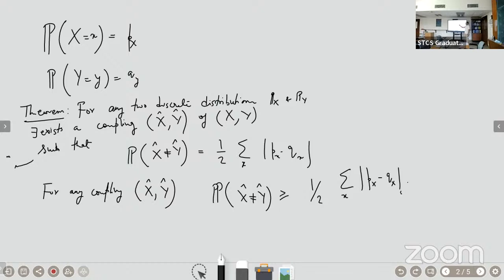So, given the starting point of x comma y, this quantity is fixed, and as a function of that, you're able to tell me whether there exists a coupling with such a property or not. So you can go both ways. This is what I want to prove. First we show that for the choice I give you in the next slide, this is equal, and for everything else it is greater.